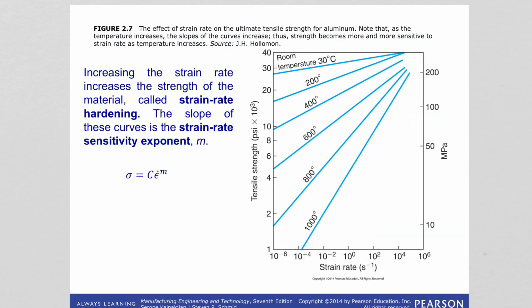Let's see the effects of strain rate on the tensile strength for aluminum. So if we look at this chart here, for the same temperature, let's look at this one, okay? For the same temperature, as we increase the strain rate, the strength of the material increases.